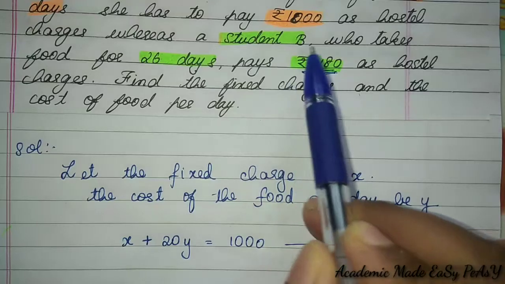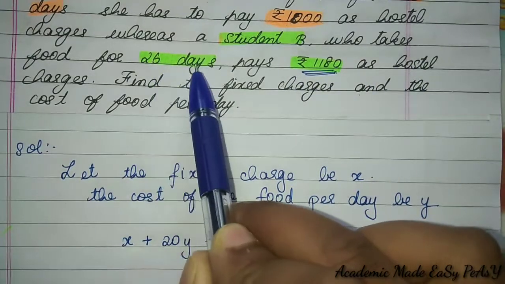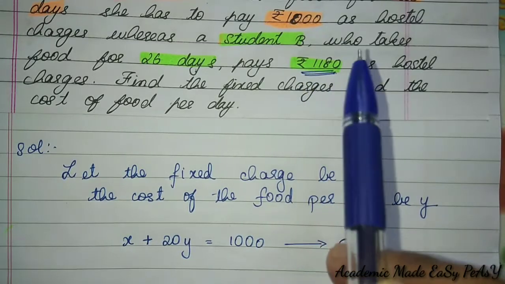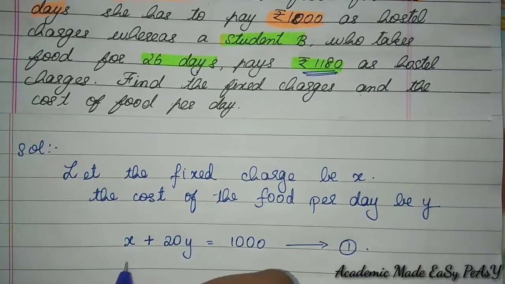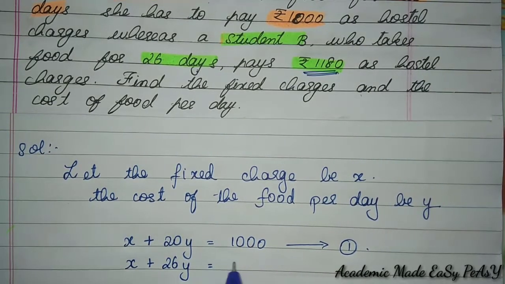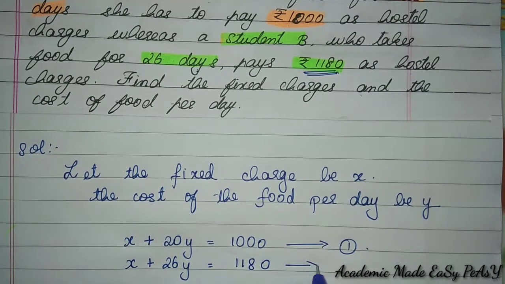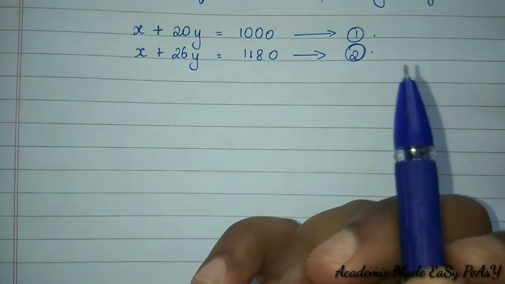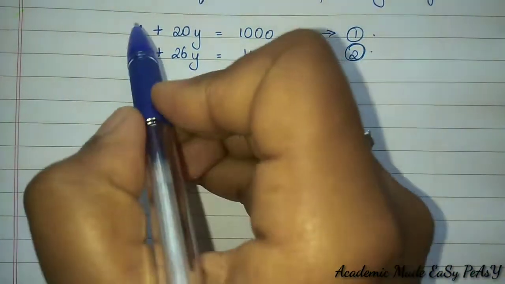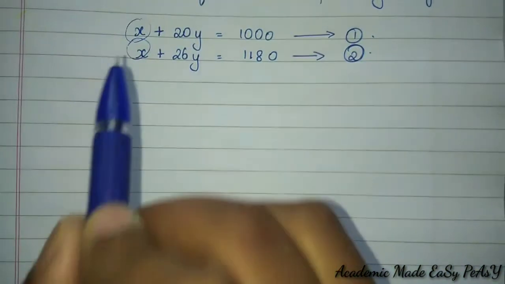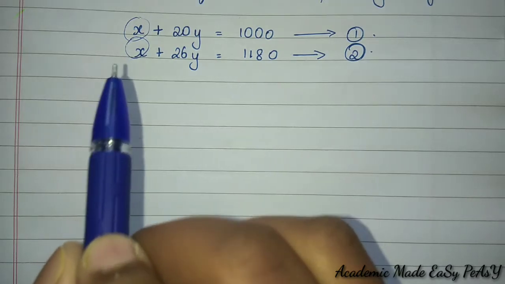Now student B has taken food for 26 days and paid 1180. So my fixed charge plus 26 days of food is equal to rupees 1180. Let this be equation 2. Now I can use any method. See, the coefficient of X is the same, so I think using the elimination method will be useful here.